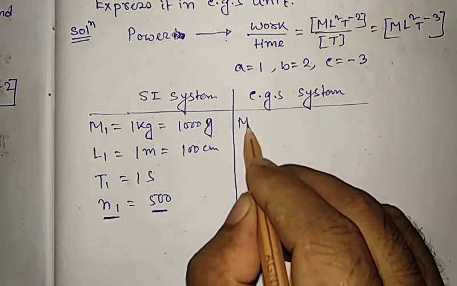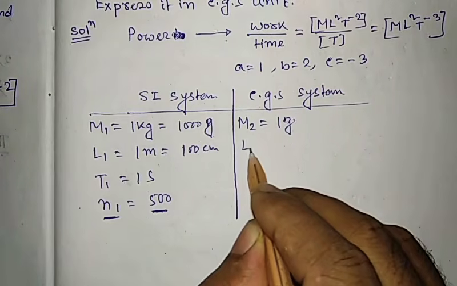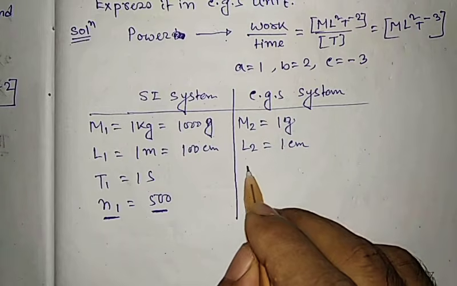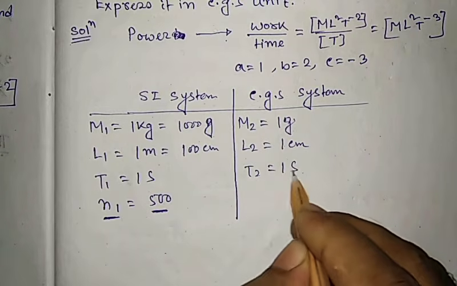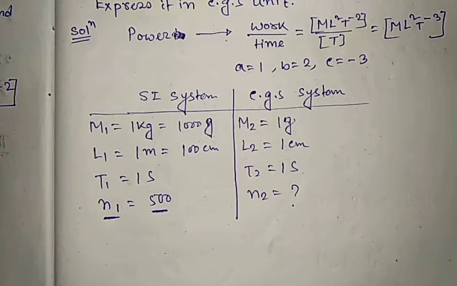So now M2 is equals to 1 gram, L2 is equals to 1 centimeter, and T2 is equals to 1 second, and N2 is what? You have to find it out. Okay.